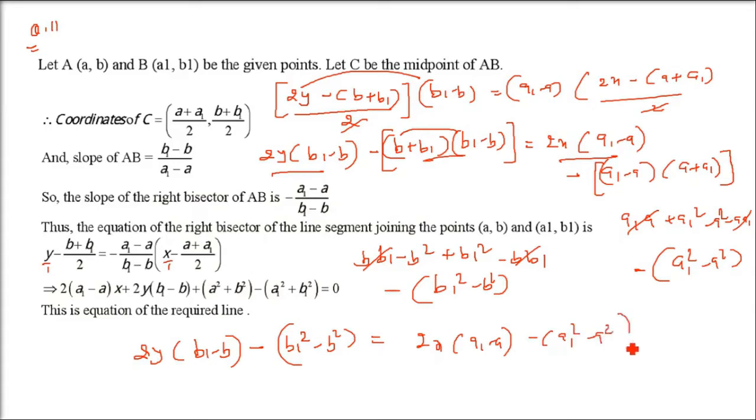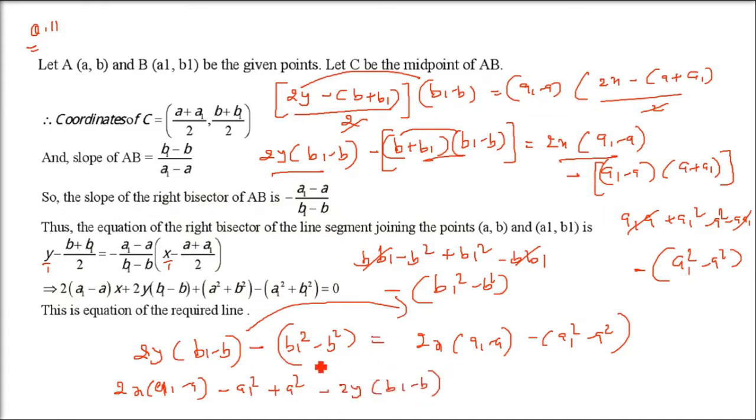Now you can see that the answer which you see is almost similar to this one. So 2x, 2y, either you can take this on the right hand side or this on the right hand side, doesn't matter. 2x(a1 minus a) plus a square minus a1 square, and minus 2y(b1 minus b) plus b1 square minus b square.